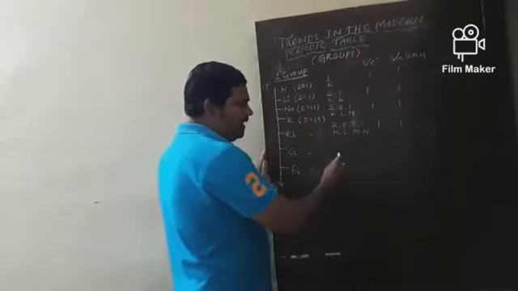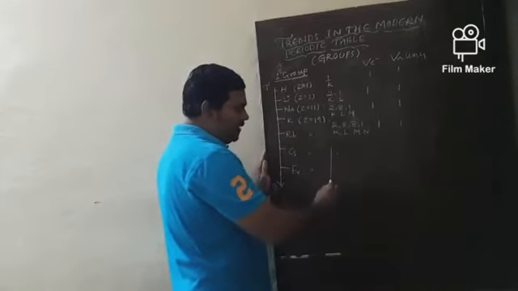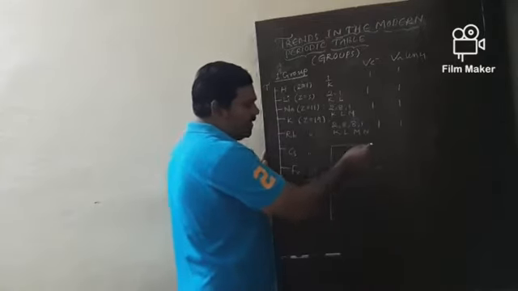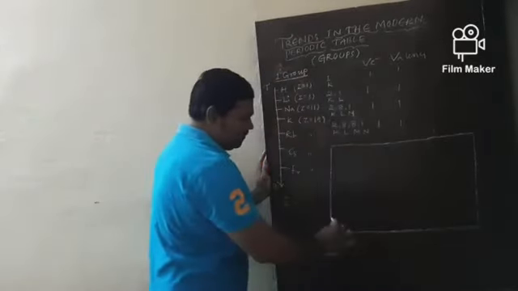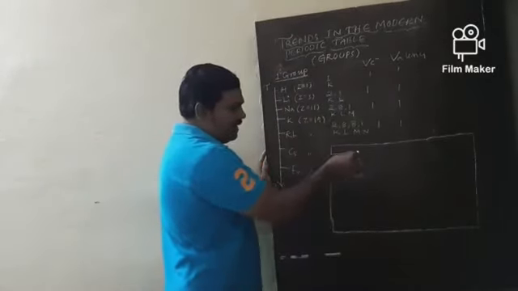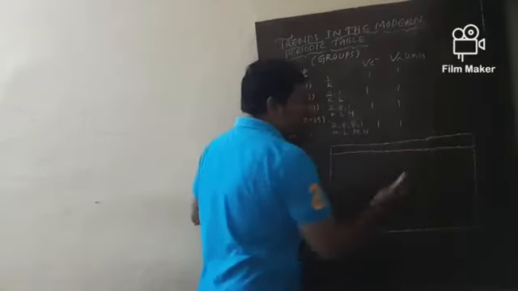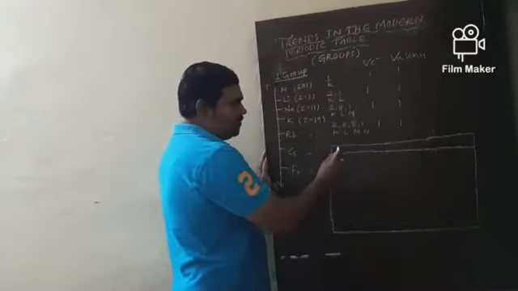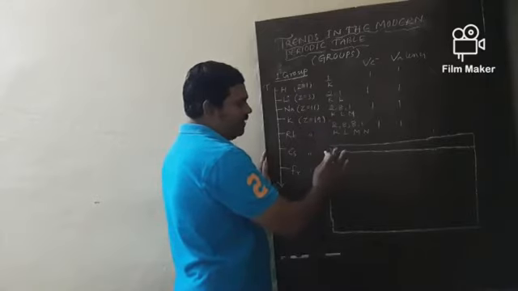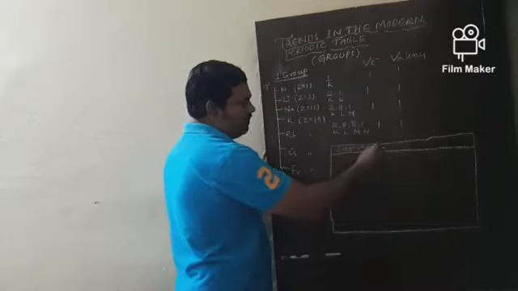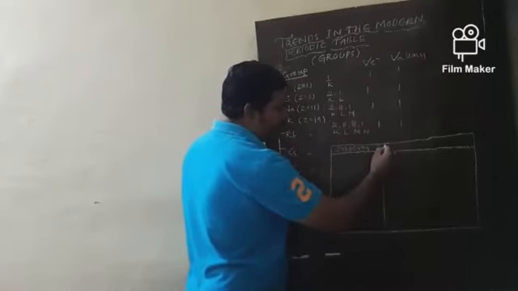Now let me frame one table to illustrate this information. One by one I will explain with the help of this table. What is the first property? Name of the property, atomic property, and trend observed in group.